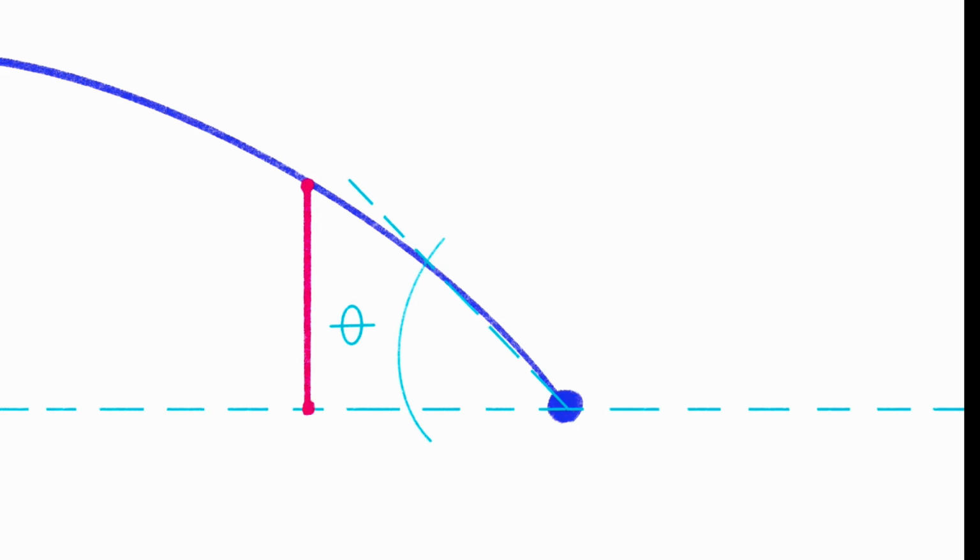The beam's slope can be defined as dy over dx. Given our focus on small deflections, we can use the small angle approximation, meaning the angle of rotation equals the slope. In essence, the angle of rotation is the first derivative of y with respect to x.